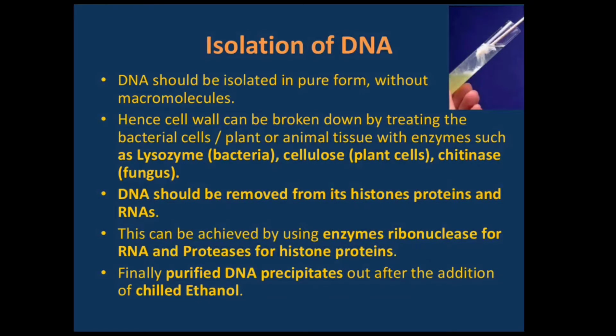Recombinant DNA technology begins with the isolation of a gene of interest, that is the donor DNA. This can be achieved by cutting the DNA with enzymes. To cut the DNA with the restriction enzymes, the DNA needs to be in pure form, free from other macromolecules.